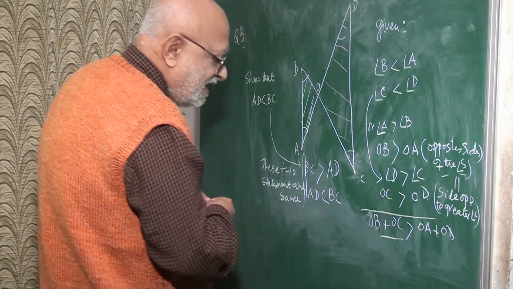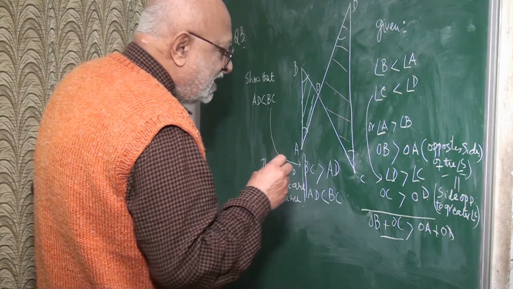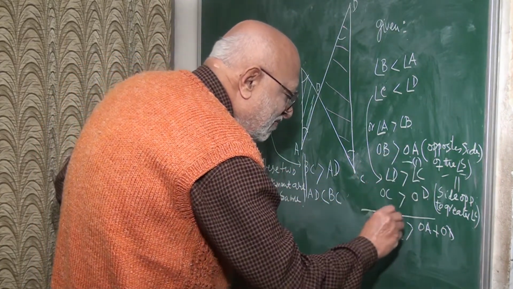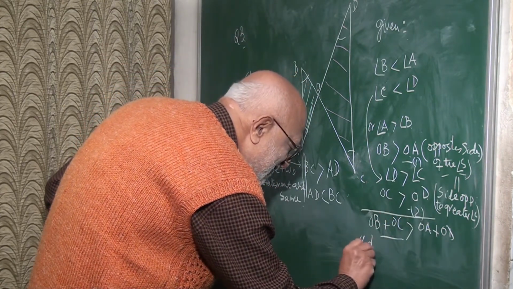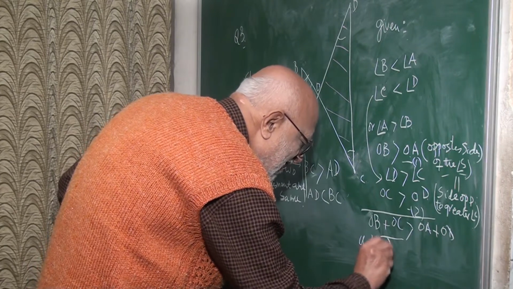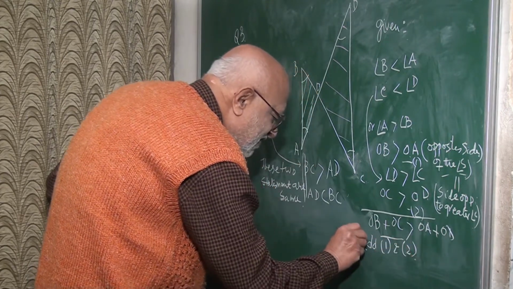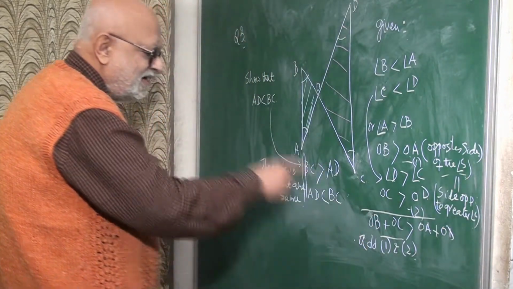Only thing here, you add 1 and 2. What are those 1 and 2? So this is 1. Let me complete, and 2. So this is add 1 and 2. Okay, so this is what you get, and this is all done.